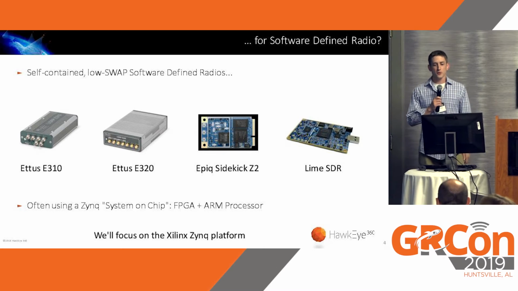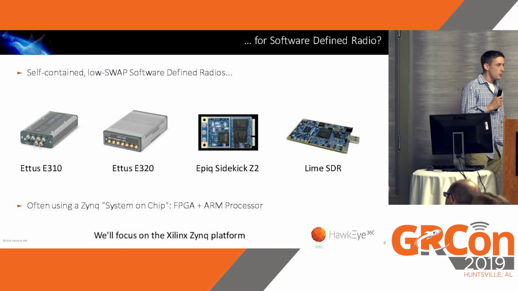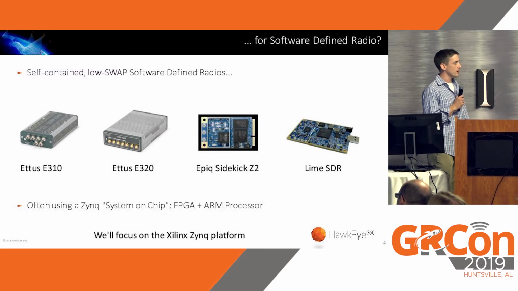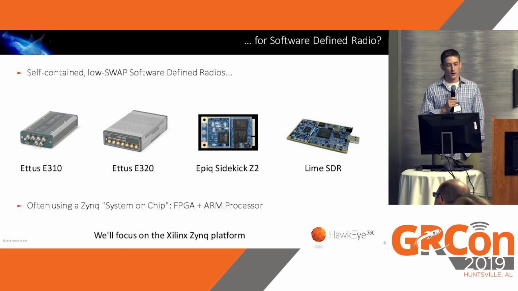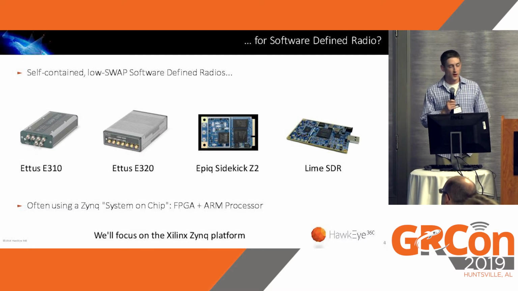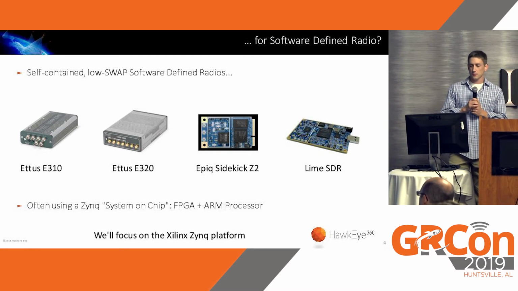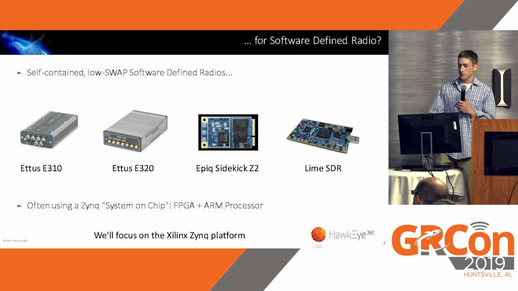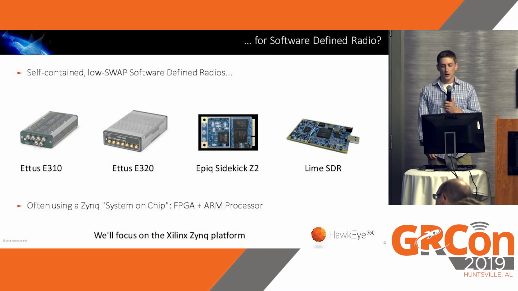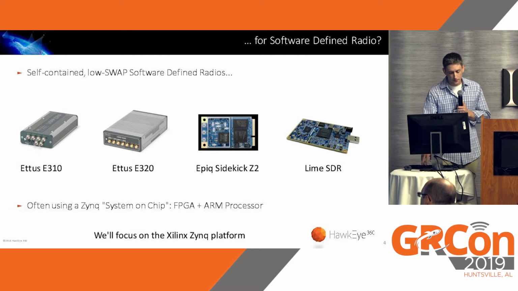If you want to do it for software-defined radio with low power, low SWaP, you've got some good options. You've got the Ettus family of E310s, you've got the EPIC solution, so the Z2 has a Zynq on it. There's Lime that has an Altera version, and since we're deploying a Xilinx Zynq, that's what we're going to focus on. That's also similar to the E310.